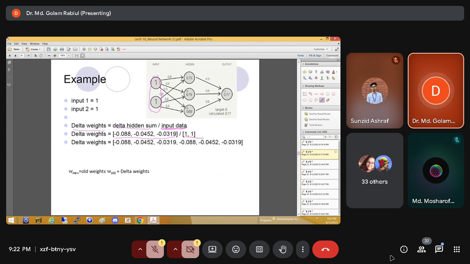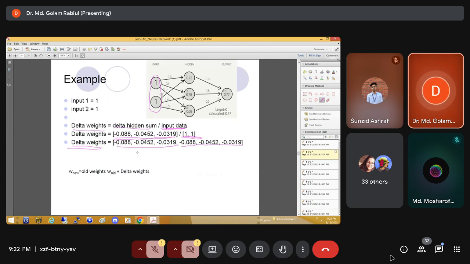Then the delta weights will be 0.88 divided by 1, and again this one divided by 1, and we will get these values: 0.088, 0.0452, like this.